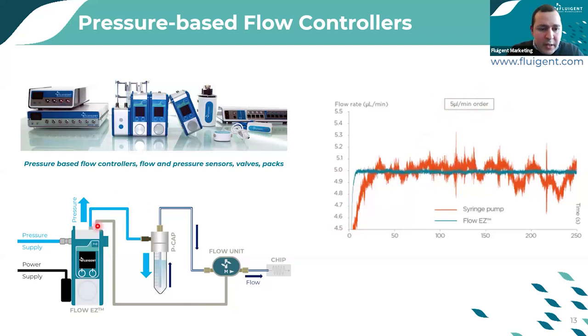How it works: the difference of pressure exerted by the pressure source and the pressure controllers will create the perfusion, or the circulation of the liquids towards your microfluidic chip. We usually couple it with the flow unit in order to detect the flow rate and manipulate it accordingly.